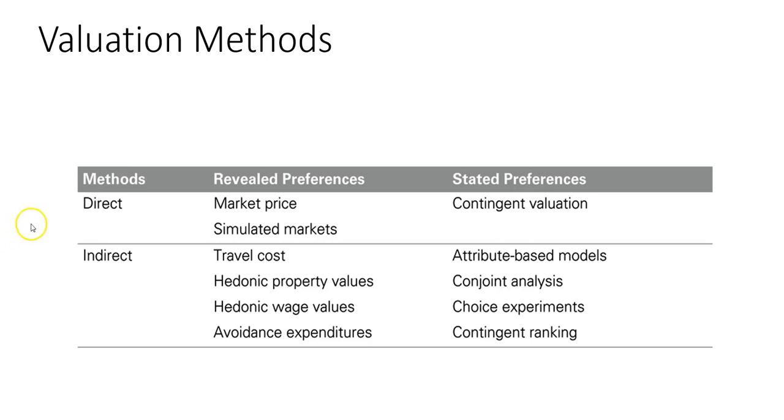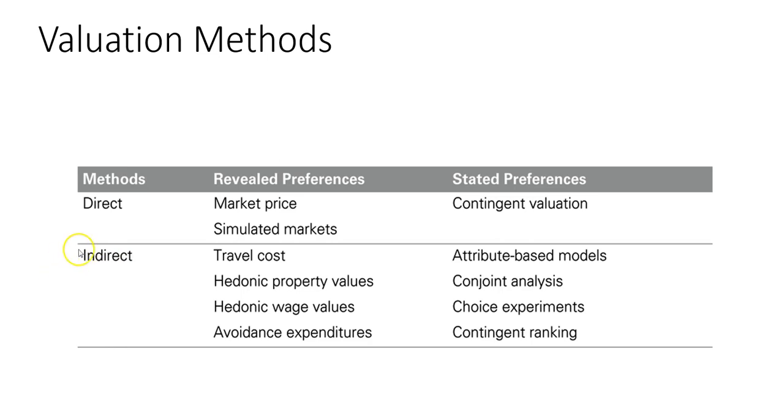Okay, so it's possible to put dollar values on use values and existence values. This is a graphic that's in the textbook, and it divides up valuation methods into two classes: revealed preference methods and stated preference methods. And then the book divides those into direct and indirect approaches.